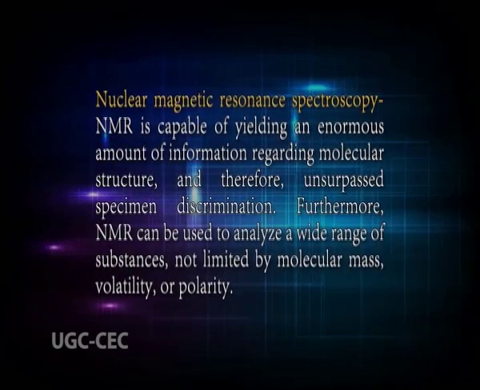Nuclear magnetic resonance spectroscopy. NMR is capable of yielding an enormous amount of information regarding molecular structure and therefore unsurpassed specimen discrimination. Furthermore, NMR can be used to analyze a wide range of substances, not limited by molecular mass, volatility, or polarity.